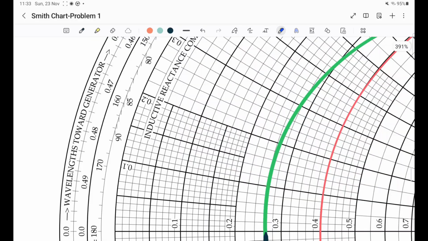If you come to the extreme left of the Smith chart, let me zoom in further. Yeah, it says wavelength toward generator, and the direction is given as the clockwise direction. So whenever you move from the load end towards the generator, you need to move in the clockwise direction in the Smith chart. That's what this scale suggests.